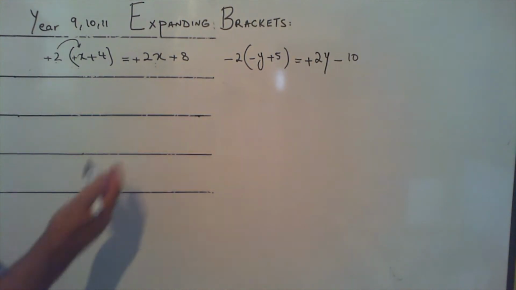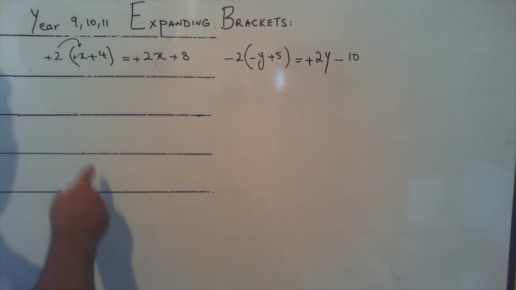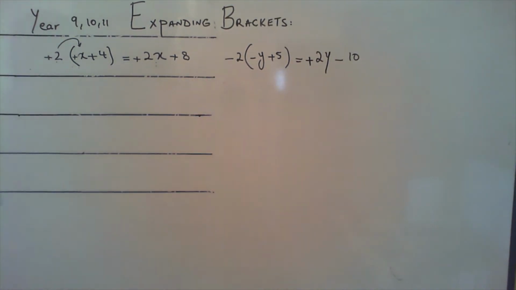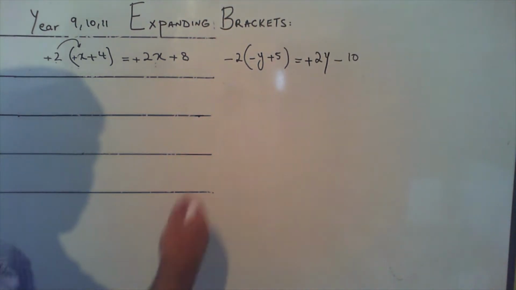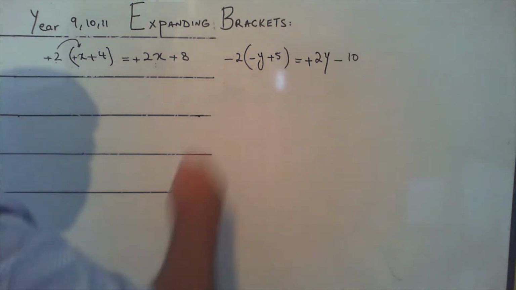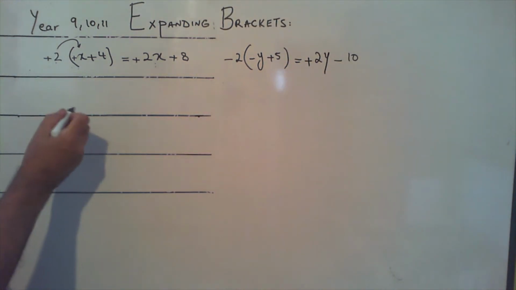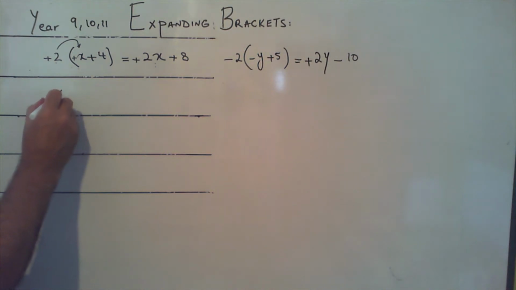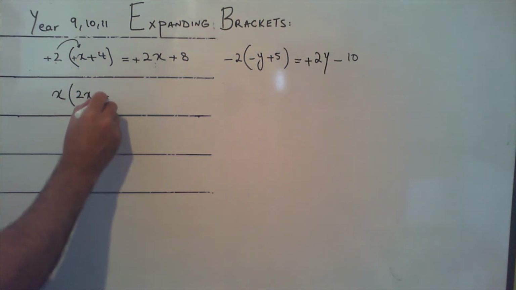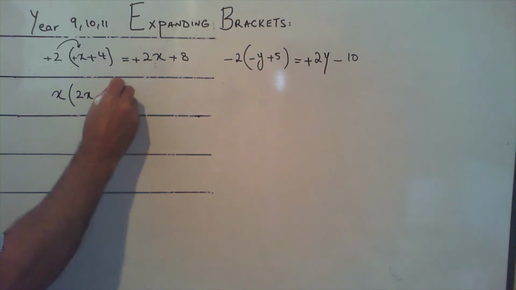So these are the basic ones, when we have one item outside the bracket and in the bracket we have two terms. Multiplying the sign first, and then we multiply the term outside to the first term and then the second. Another one is if you have x times 2x minus 6.